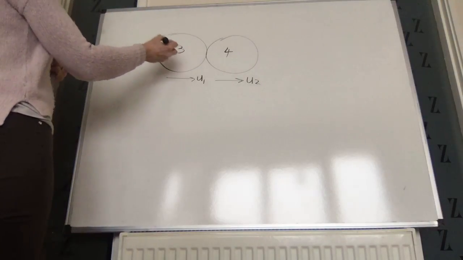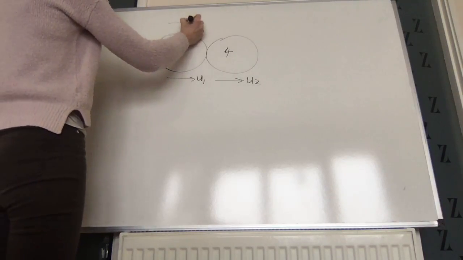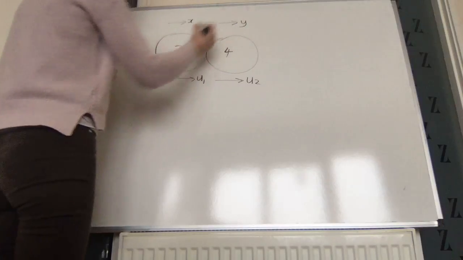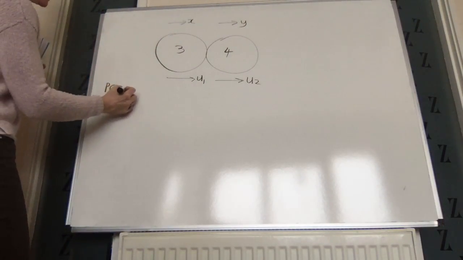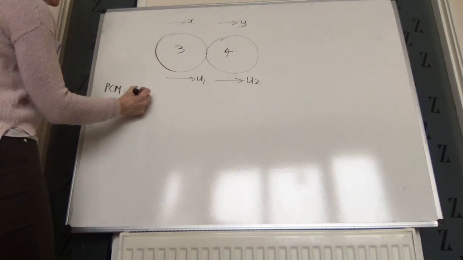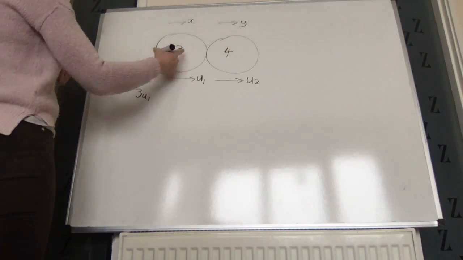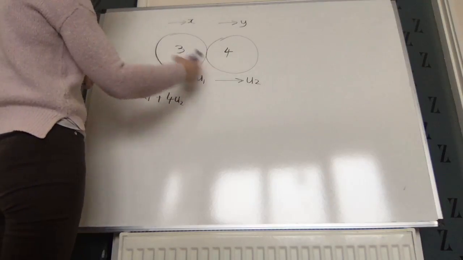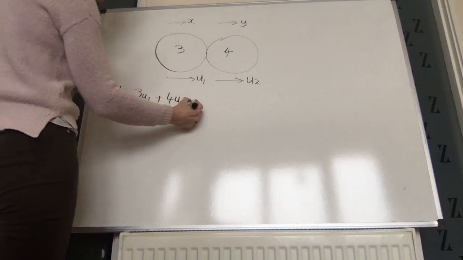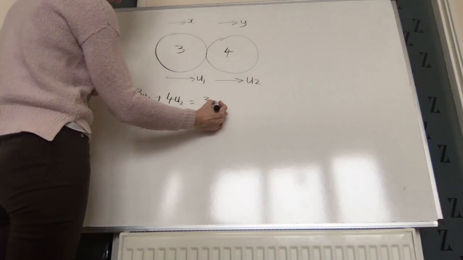If we call the velocity afterwards x and y, we're going to use the principle of conservation of momentum: 3u1 plus 4u2, mass times velocity plus mass times velocity, the momentum beforehand, is equal to the momentum afterwards.